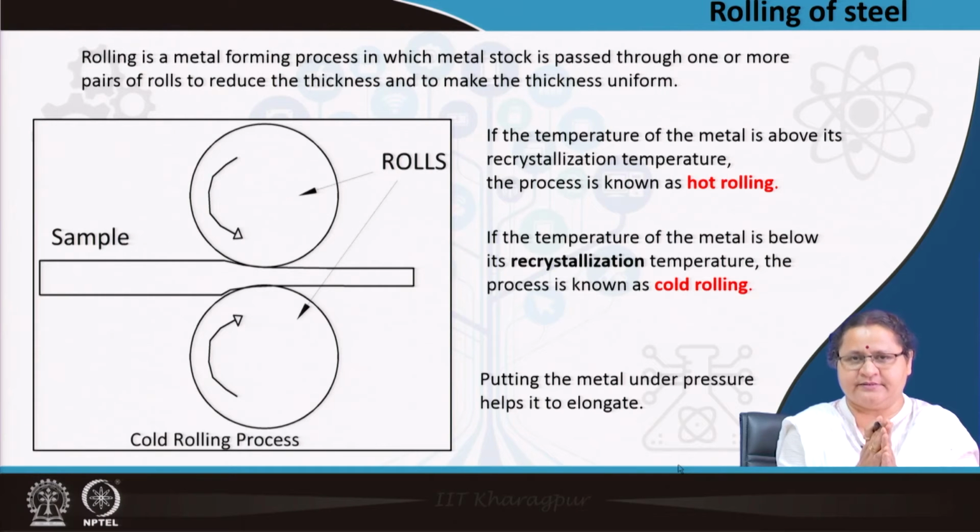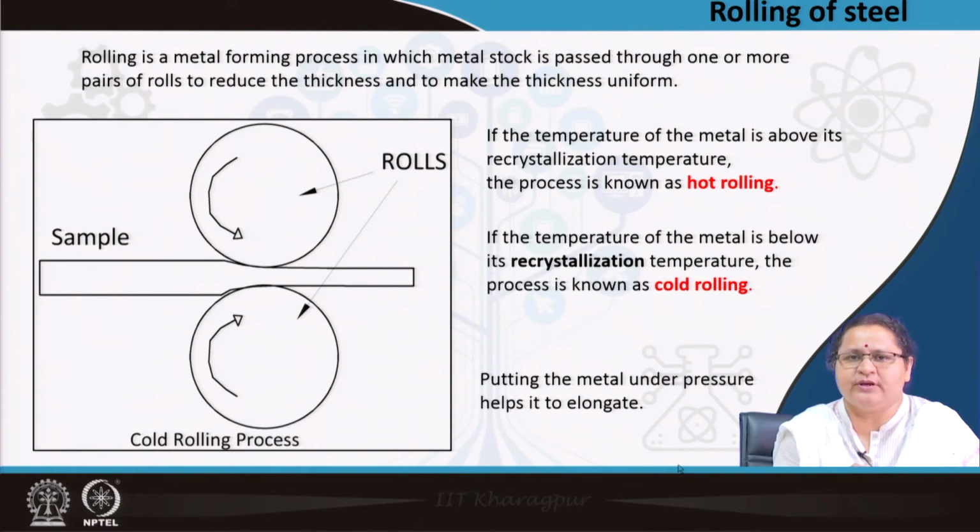by pressing it. If it is hot, it will be easier, not 100% molten, but at a temperature where it can be easily passed through rollers without any deformity. So, one type is hot rolling, the other type is cold rolling. When the metal is passed through the rollers under pressure, if the temperature is below the recrystallization temperature, it is called cold rolling.